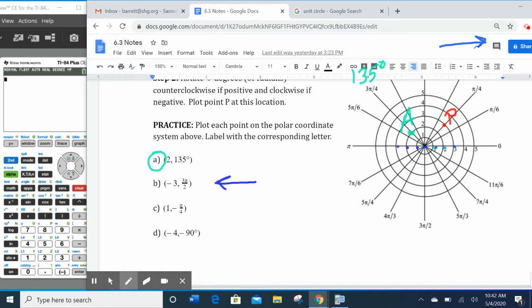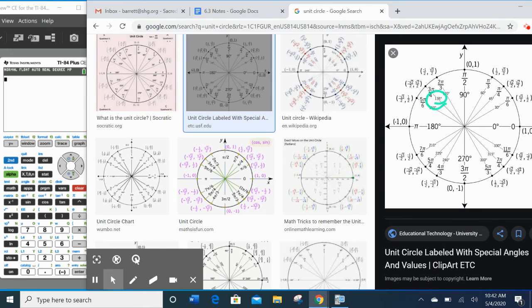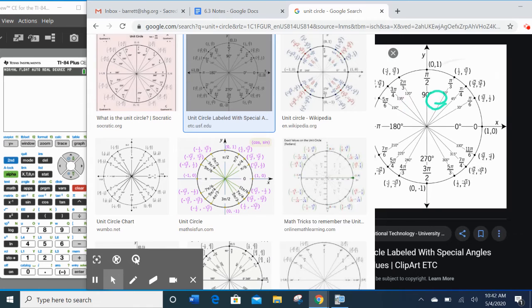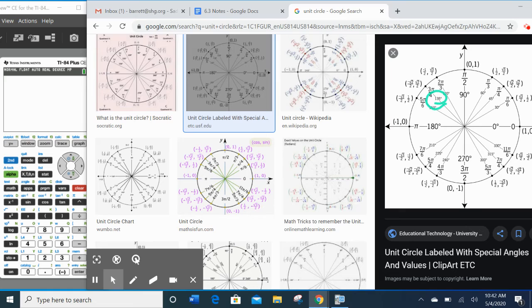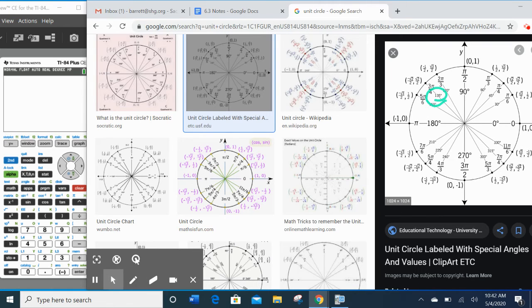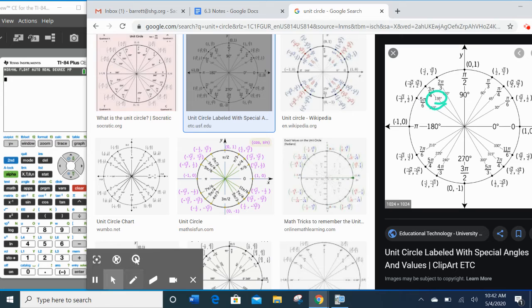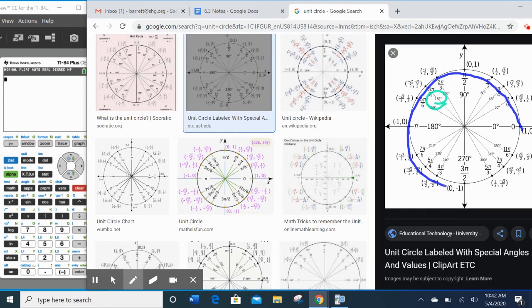And then from there, I'm going to rotate 3pi/2. So 3pi/2 from the positive axis is 3/4 of the way around the circle, and that looks like that.